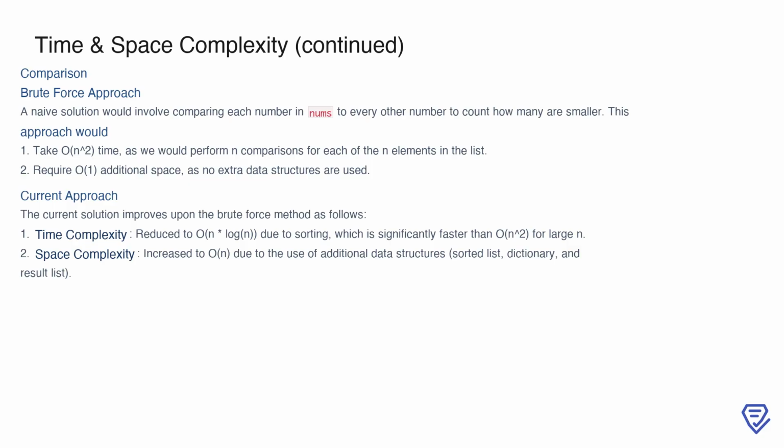By contrast, our optimized solution reduces the time complexity to n log n by leveraging sorting, which is significantly faster for large inputs. The trade-off is a modest increase in space complexity to n, due to the use of the sorted list, the dictionary, and the result list.